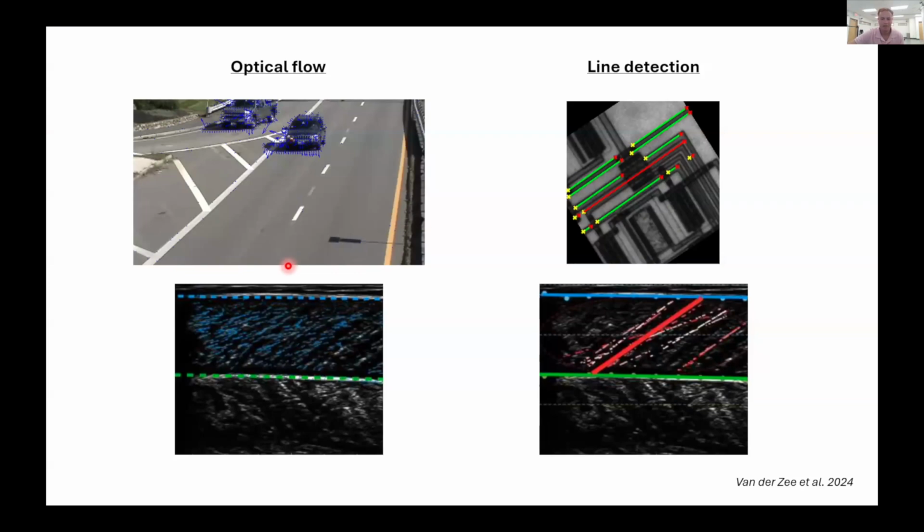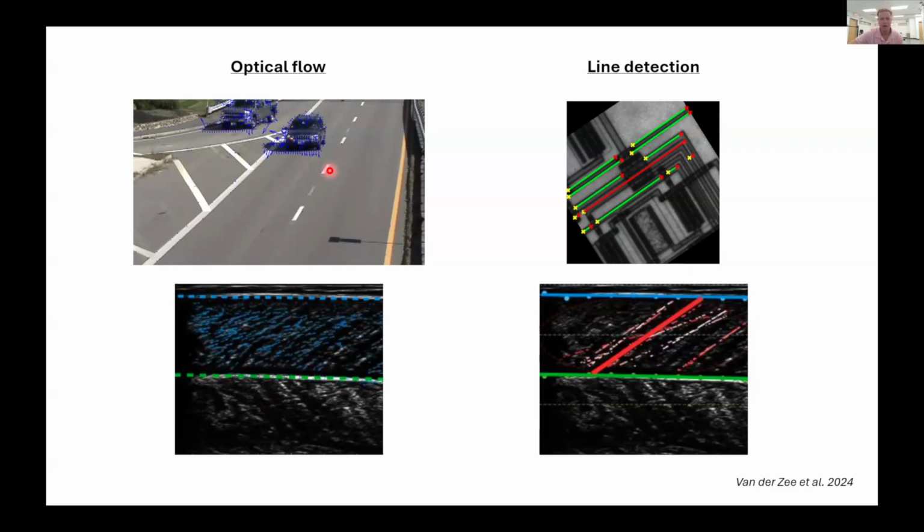So the fascicle tracking software that we'll be using today revolves around two different computer vision methods, optical flow and line detection. In optical flow, you're essentially tracking the motion of key points or key pixels within an image. So you can imagine here the direction of these blue points being tracked from one frame to the next.